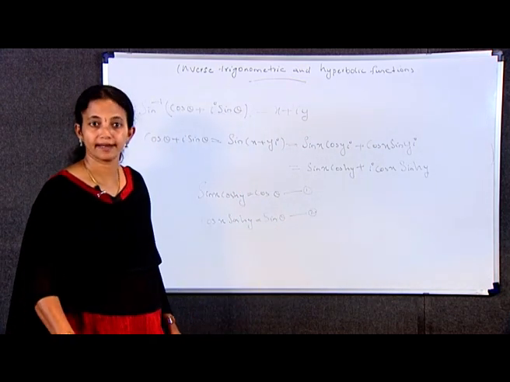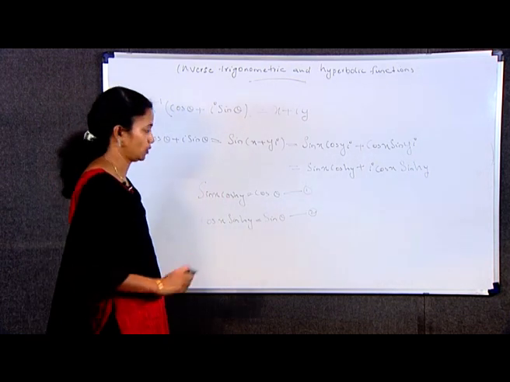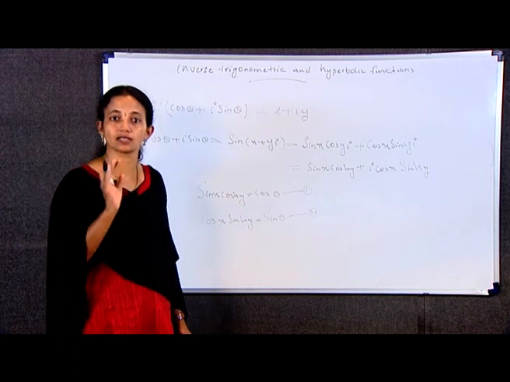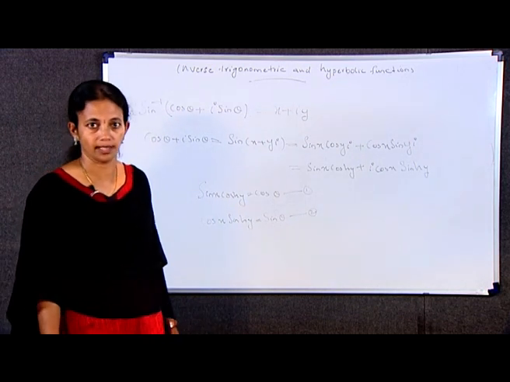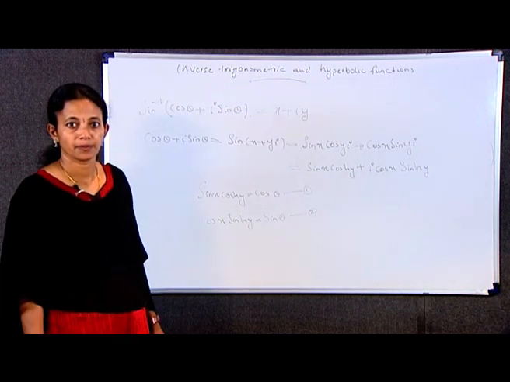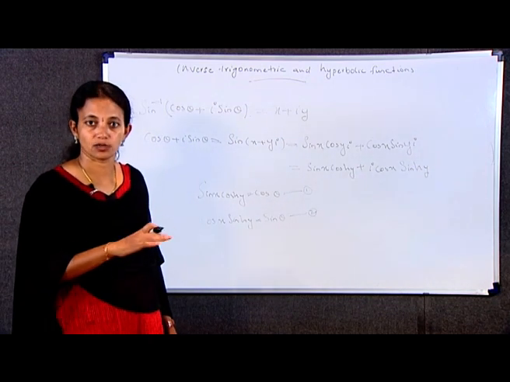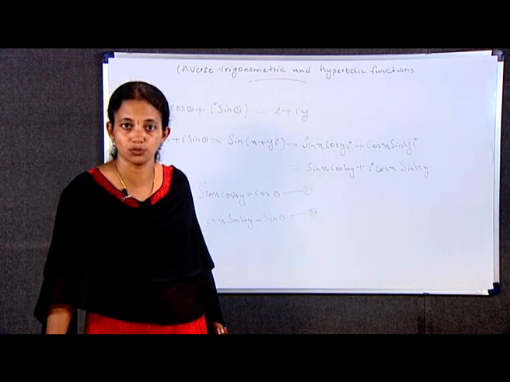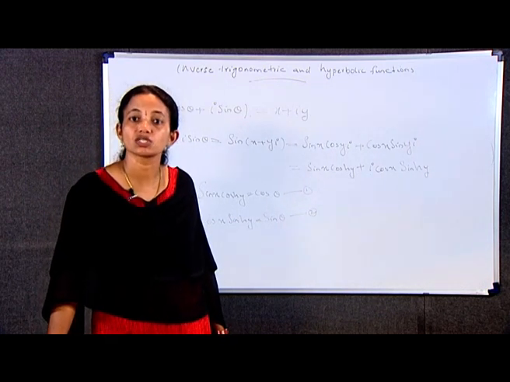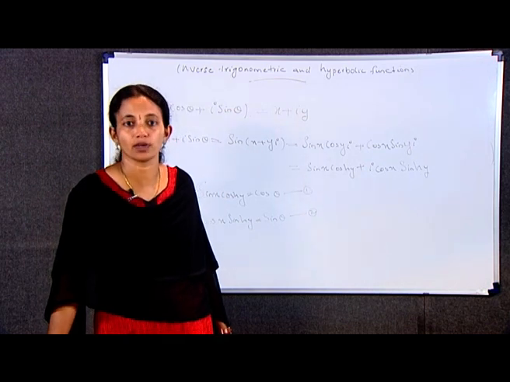Squaring and adding, we have 1 is equal to sin square x cos h square y plus cos square x sin h square y, which is equal to sin square x into 1 plus sin h square y plus cos square x into sin h square y.